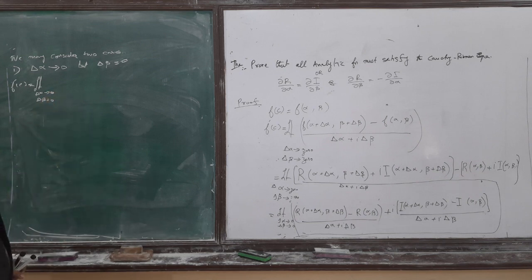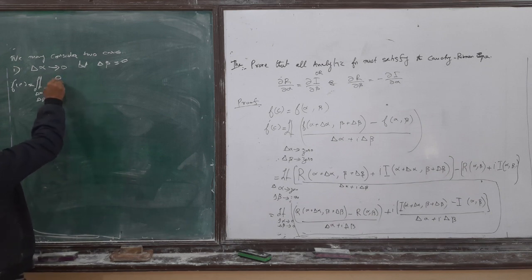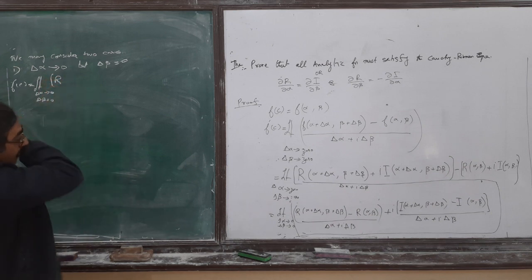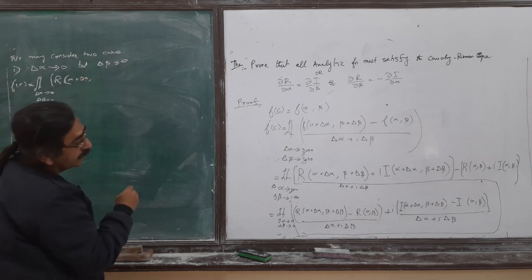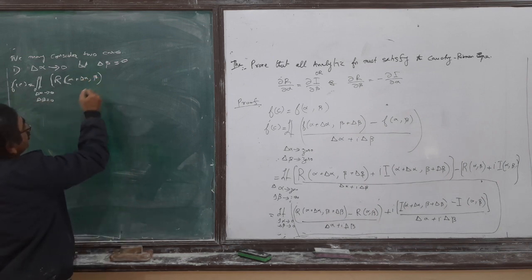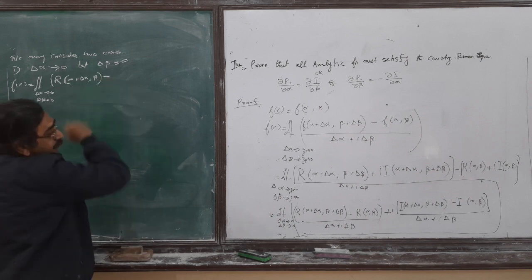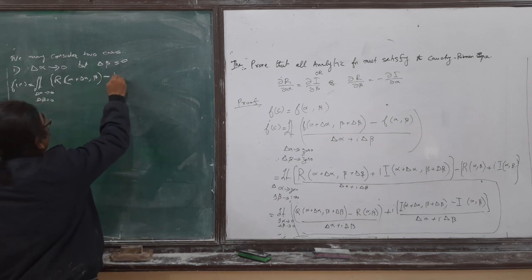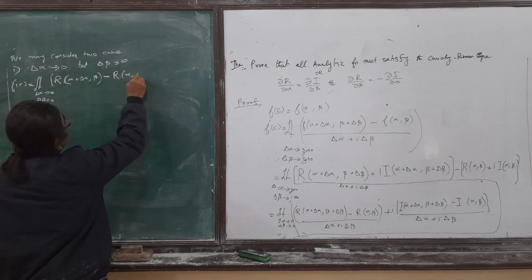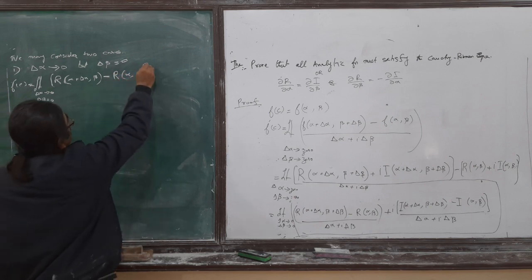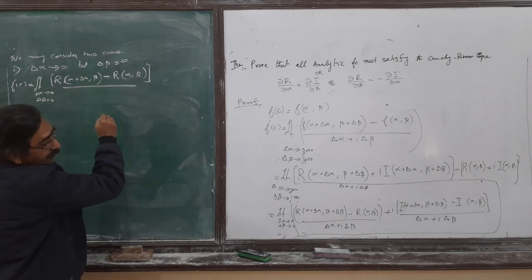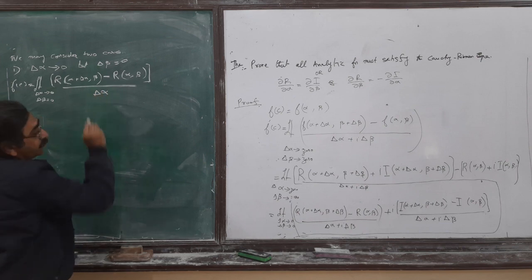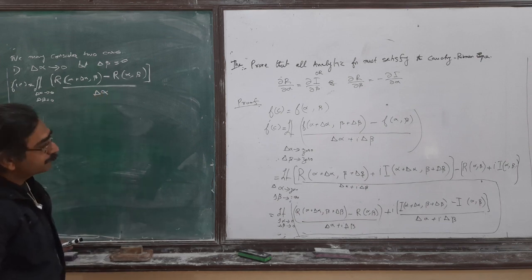Okay. So you have R of alpha plus delta alpha, beta as it is, delta beta will be 0, minus R of alpha beta, divided by delta alpha. Okay.